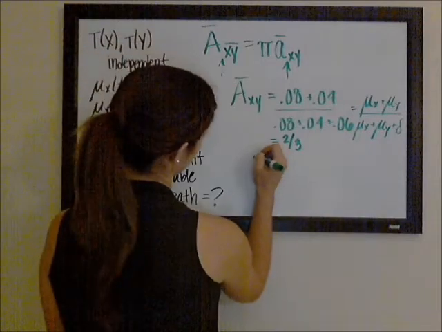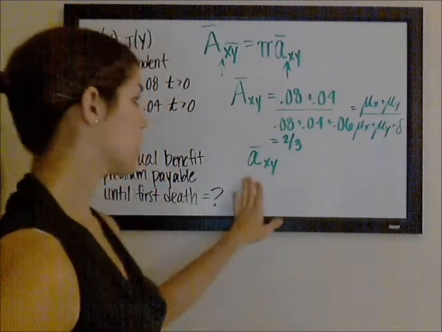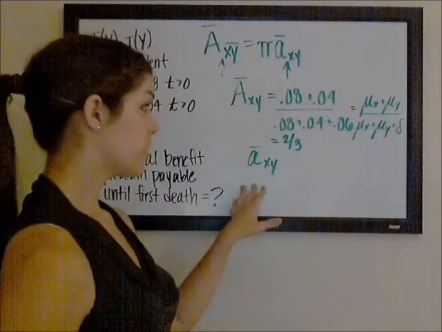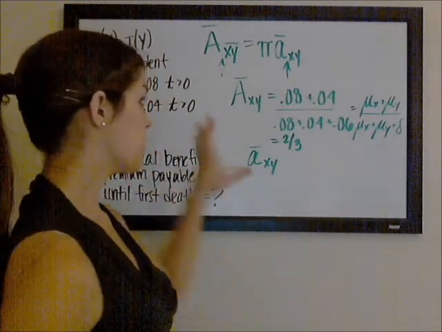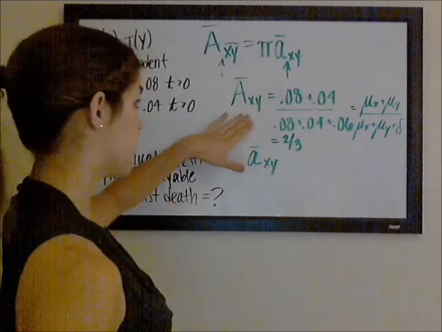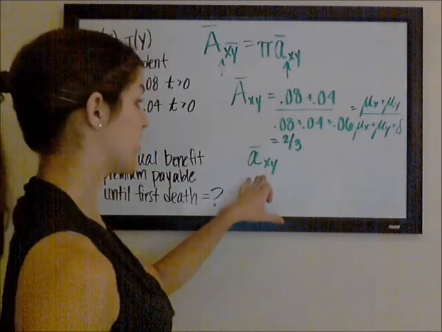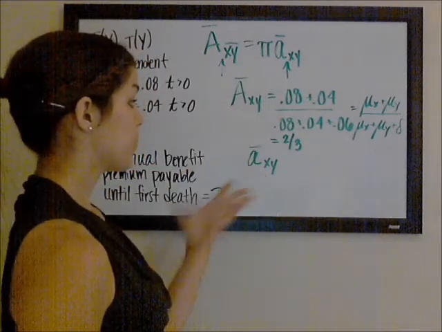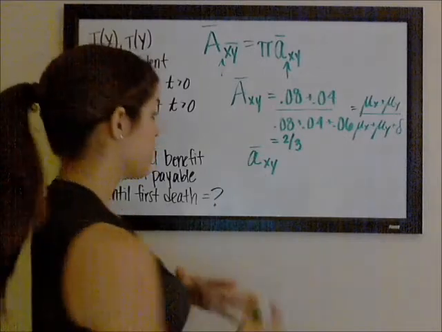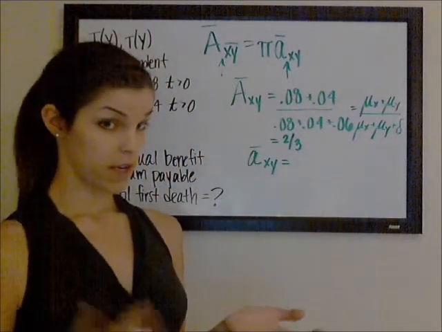Okay, now this will give us our annuity for the joint status. All the principles that you used for a single life status will still hold here as long as you stick to one status. So here we're going between an insurance on a joint status and an annuity on a joint status. So before we knew that the annuity was 1 minus the insurance over the interest rate.